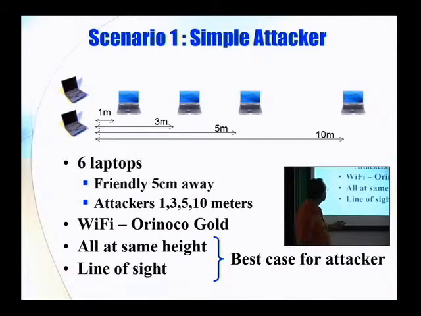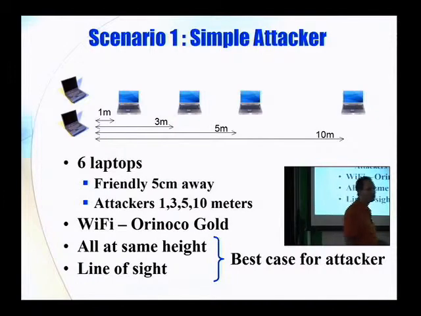And there are 4 attackers located at progressively larger distances: one that is 1 meter away, another that's 3, 5, and 10 meters away. And they're all monitoring the same radio environment at the same time. For simplicity, they're all using the same Wi-Fi cards. I'll talk about other experiments that use different cards at the end of the talk.